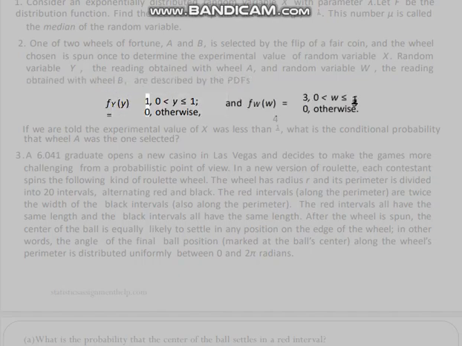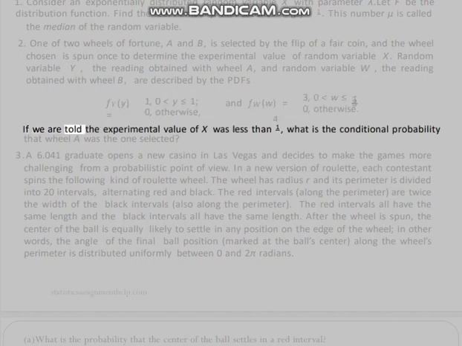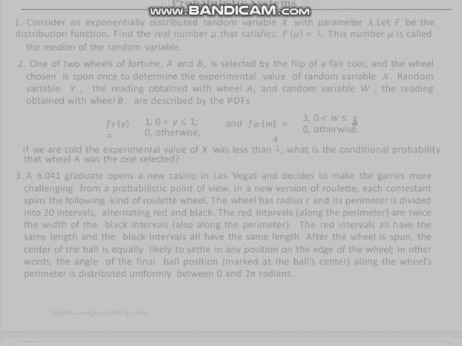Y equals 1 for 0 less than Y less than or equal to 1, 0 otherwise, and W equals 1/3 for 0 less than W less than or equal to 3, 0 otherwise. If we are told the experimental value of X was less than 1, what is the conditional probability that wheel A was the one selected?